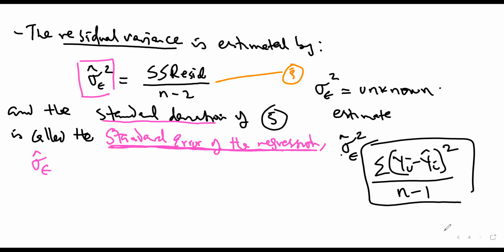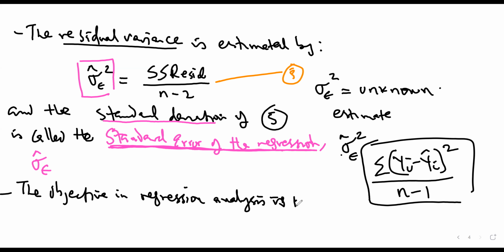Then we continue by saying that the objective in regression analysis is to test the hypothesis that H naught: beta 1 is equal to 0. So we want to check whether the slope coefficient is different from 0.